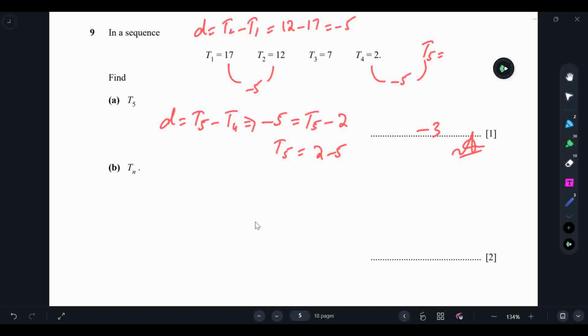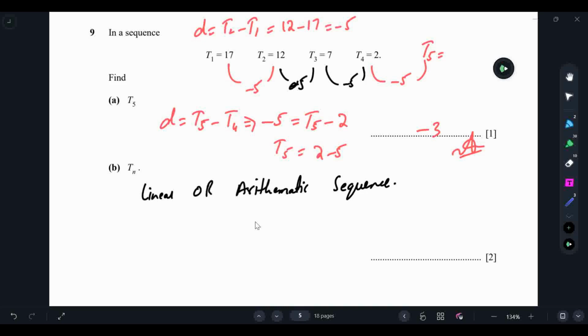Now for Tn, we know that the difference is the same, so it means that this one is a linear or arithmetic sequence, which means that we can use the identity an is equals to a1 plus n minus 1 into d.